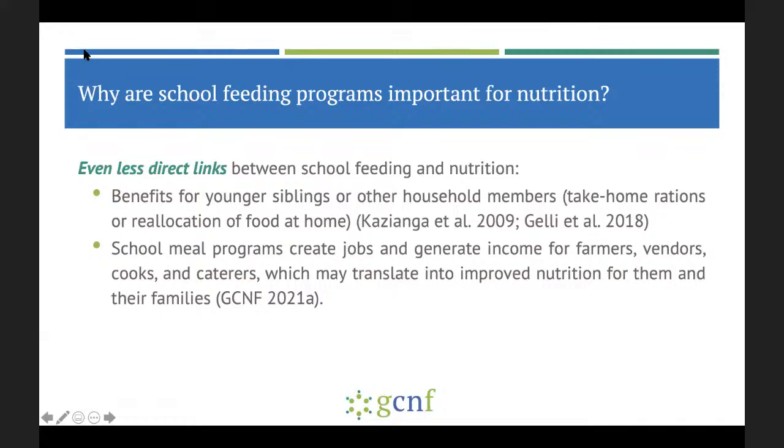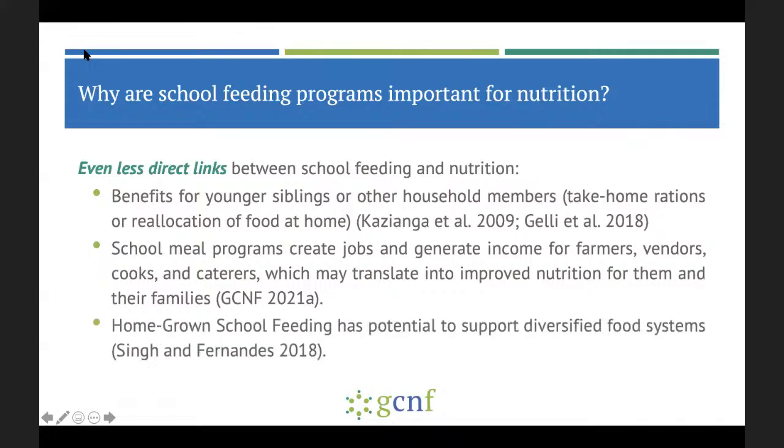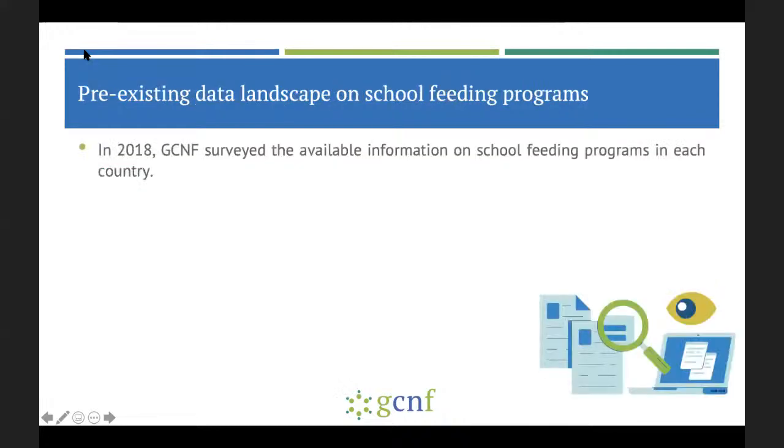And so that improved income status can translate into improved nutrition for their families. And finally, homegrown school feeding, which is a type of school feeding in which the food is sourced locally from small-scale farmers, has potential to support more diverse food systems, which could have a community-level nutrition benefit. So there are a lot of potential links between school feeding programs and nutrition.